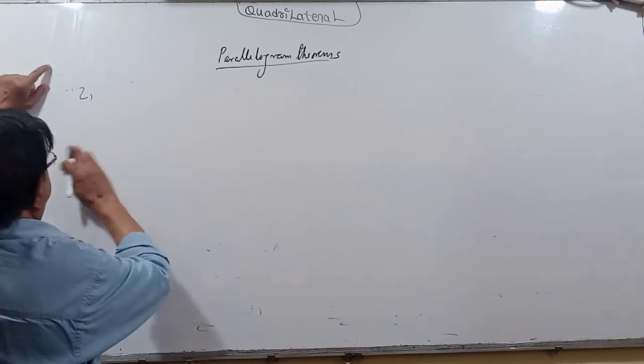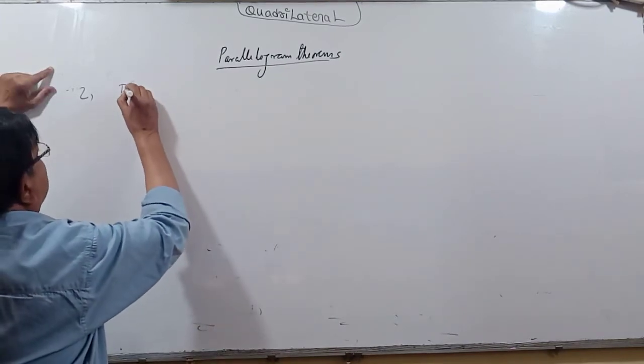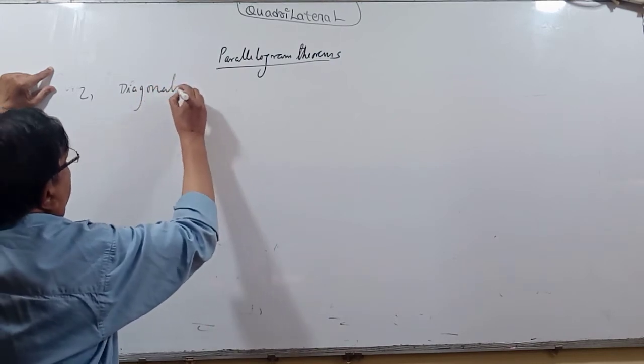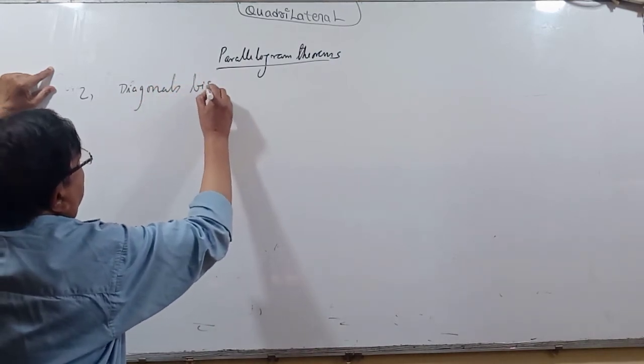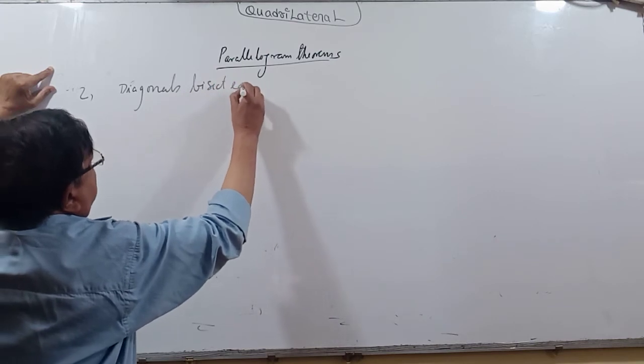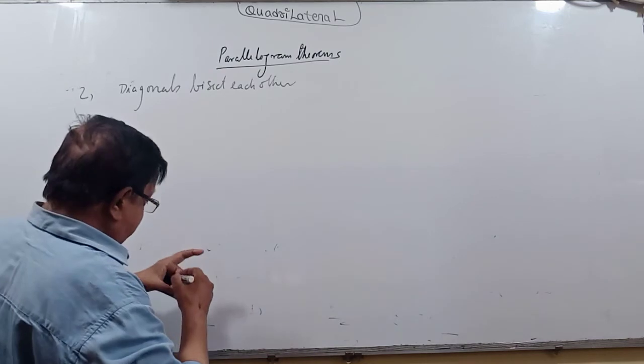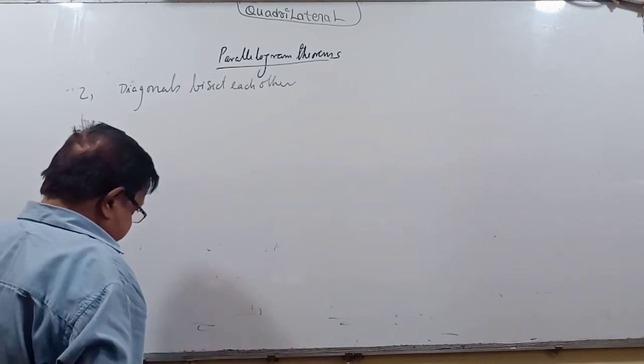Okay, second theorem: diagonals bisect each other. In any parallelogram, diagonals bisect each other.